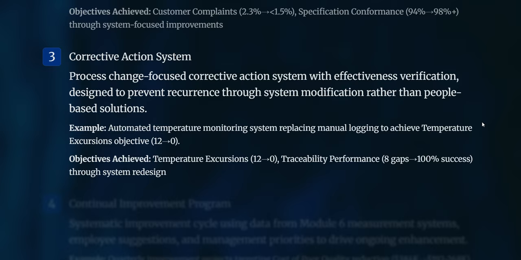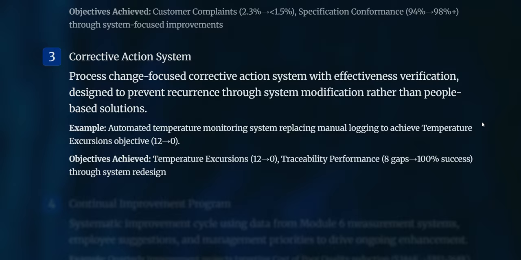The third output must be a corrective action system. It should be a process-change-focused corrective action system with effectiveness verification, designed to prevent recurrence through system modifications rather than people-based solutions. An example is an automated temperature monitoring system replacing manual logging to achieve temperature excursion elimination objectives.